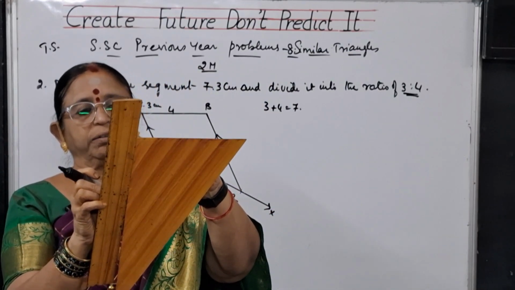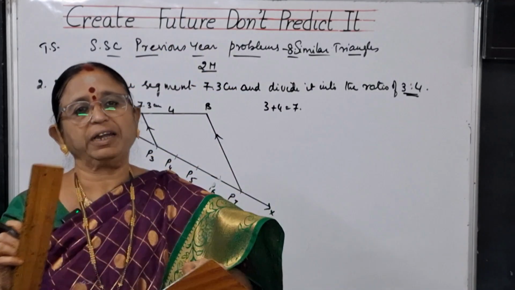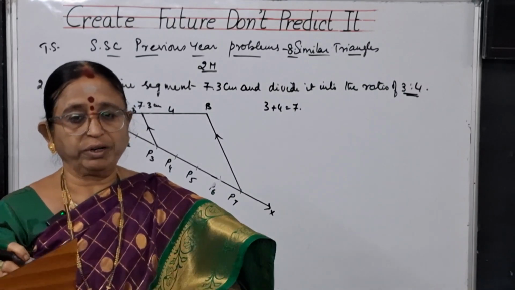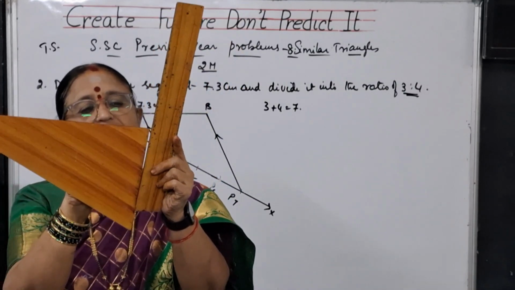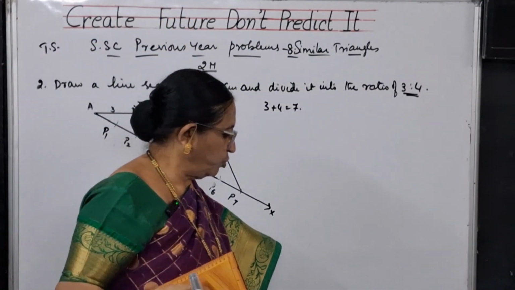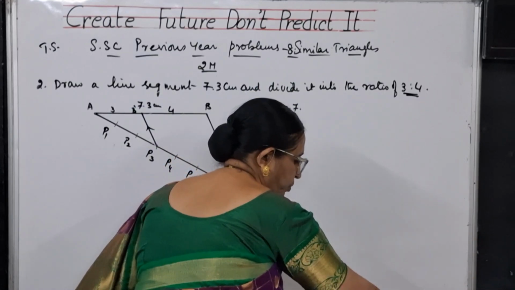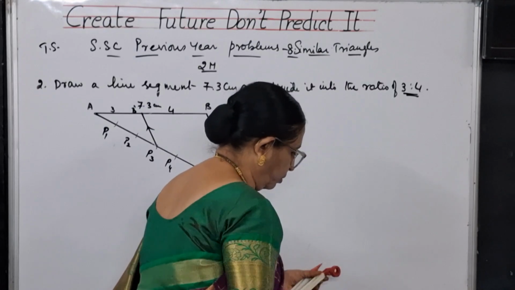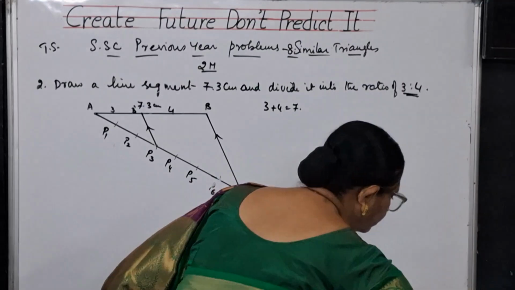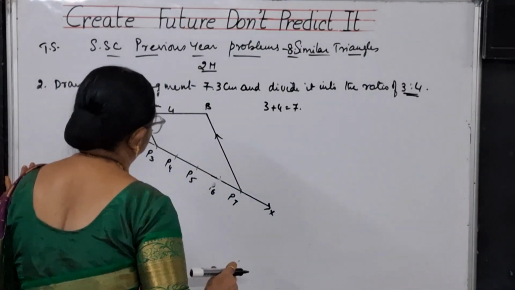You have to hold the scale with the left hand and move the set square like this to get the parallel line. You might have known about it already, children. So this is about how to do the parallel lines I have told you.